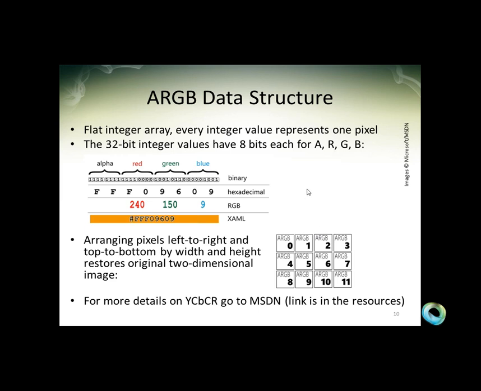This one is the easiest format to work with when you work with the raw image data. The luminance and chrominance format is much more complicated to work with. It's not rocket science, but you have to go to the MSDN documentation to take a look at that, because it's out of the scope of this webinar.